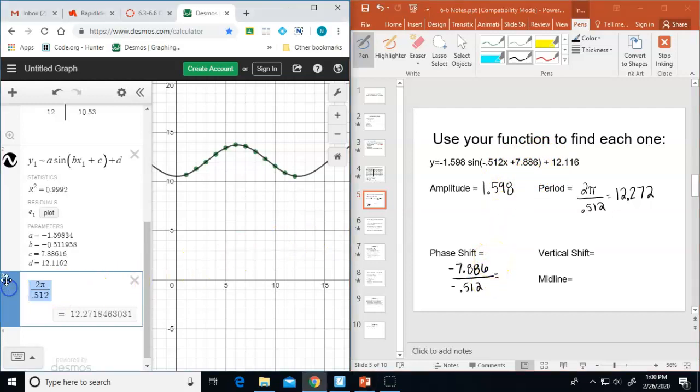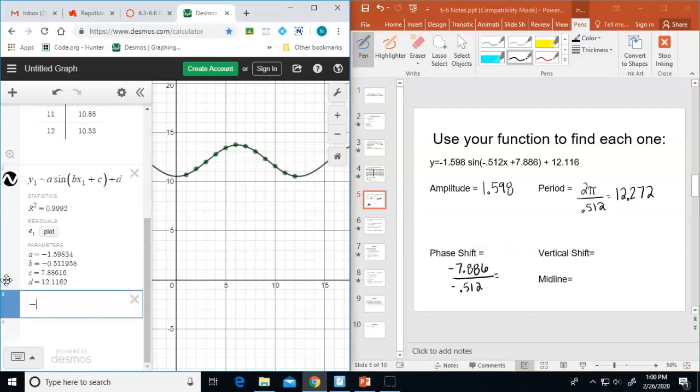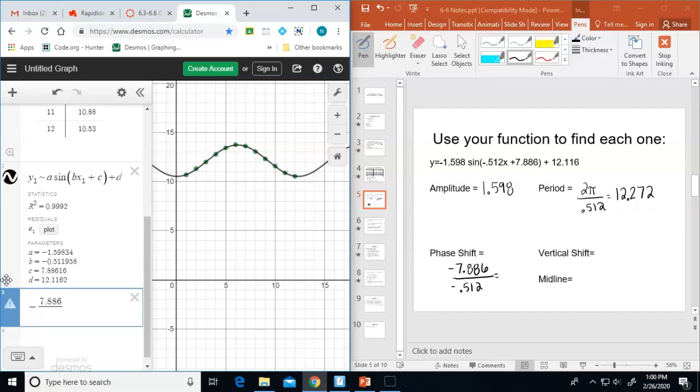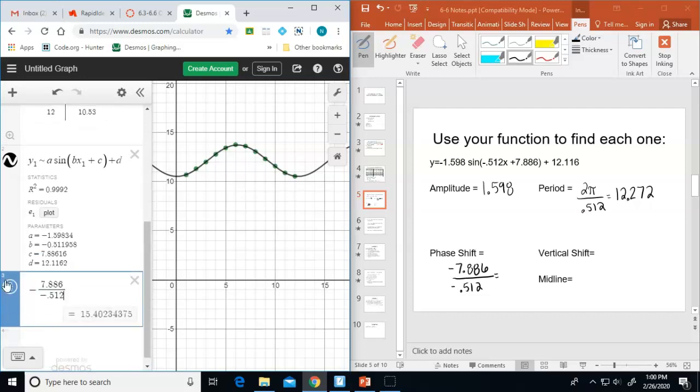So let's see, negative 7.886 divided by negative 0.512. Well, it put the negative in the bottom, but it still works, right? So you get 15.402 for our phase shift. It does give you a different phase shift than if you had used the other one.